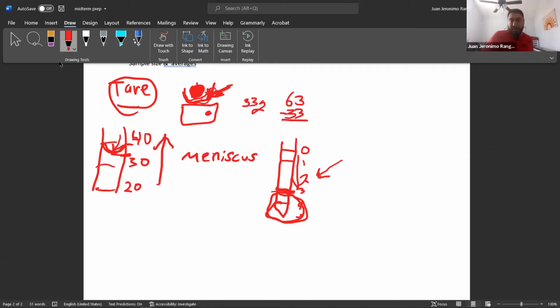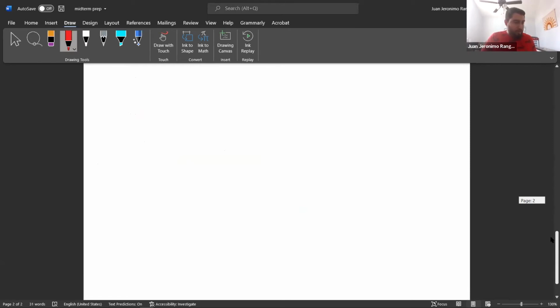Okay, so calculating temperature. The formula for converting from Celsius to Fahrenheit: we have 0 Celsius here, and we're going to convert to Fahrenheit.